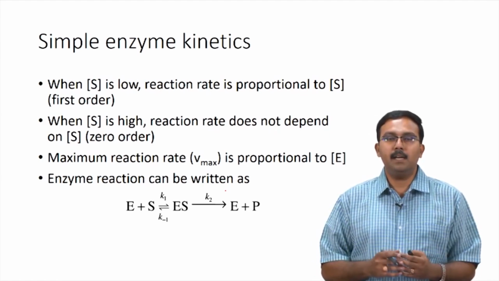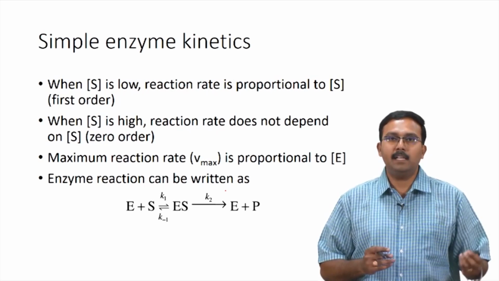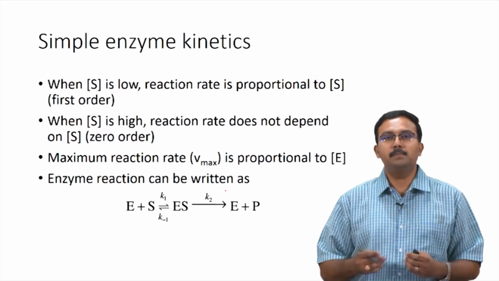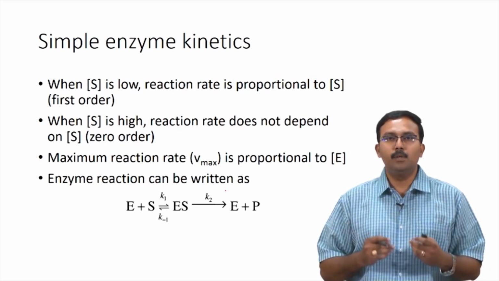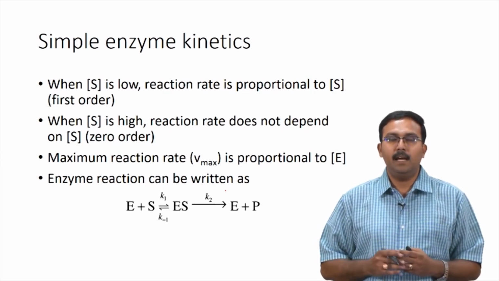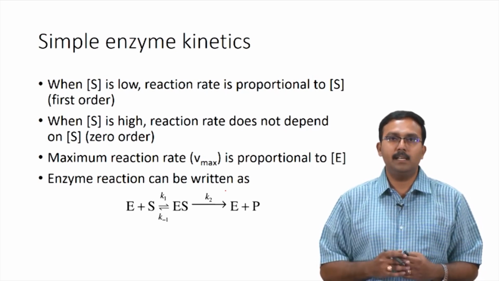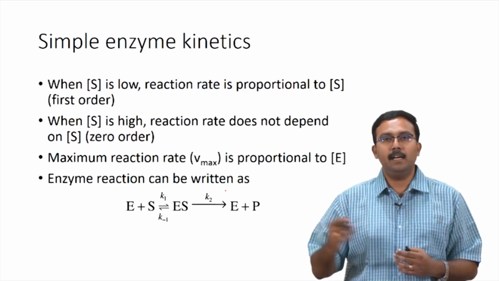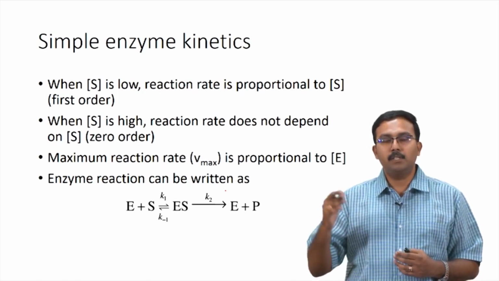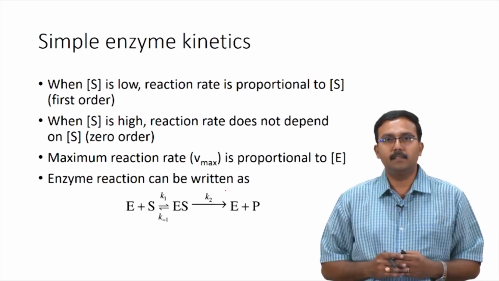When the substrate is present at low concentrations, the number of active sites present in the enzyme becomes the limiting factor. So, you have all the substrates attached to an active site, and as you increase the substrate concentration, more substrates attach to the active site, thereby increasing the rate of the reaction proportionally to the substrate concentration, giving you a first order reaction.